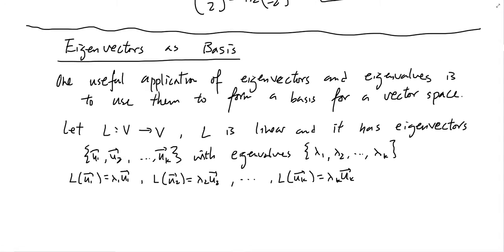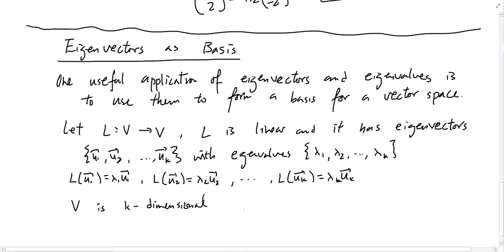Now, imagine the following. Let's say, just so happens, V is k-dimensional, and therefore a basis must have k vectors in it. And let's say vector u1, vector u2, to vector uk, all the eigenvectors, are linearly independent.